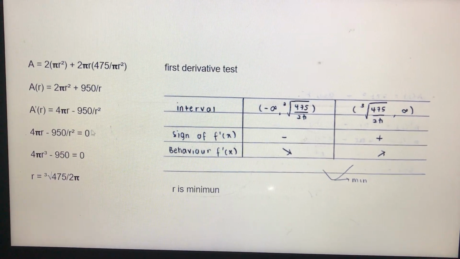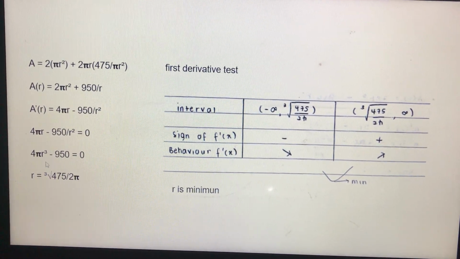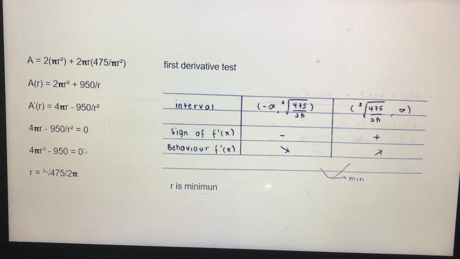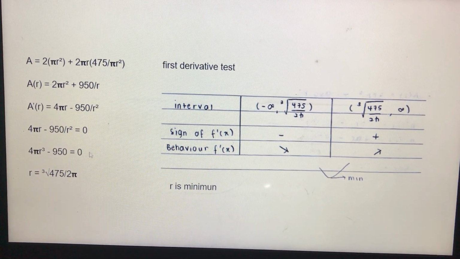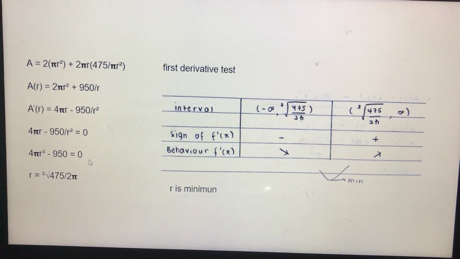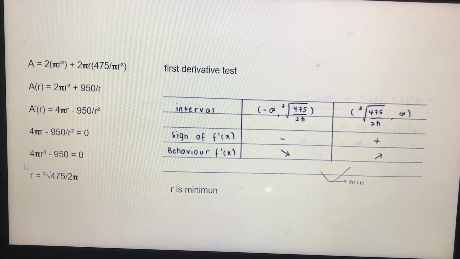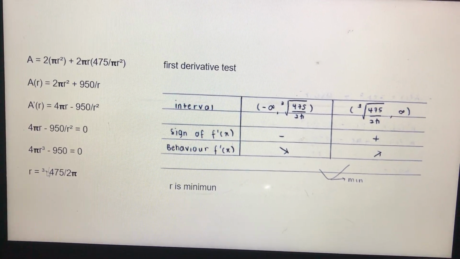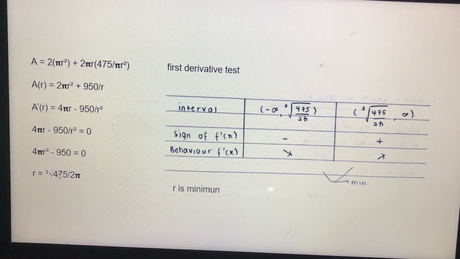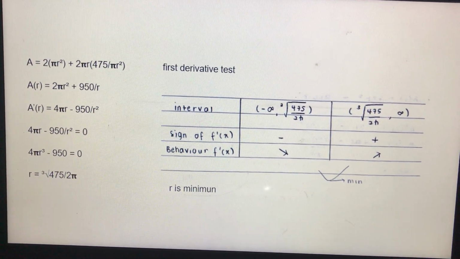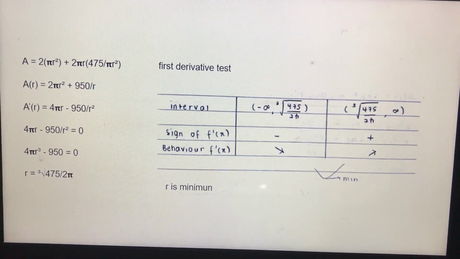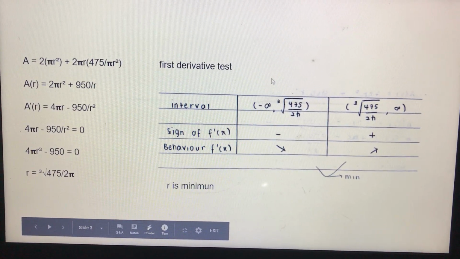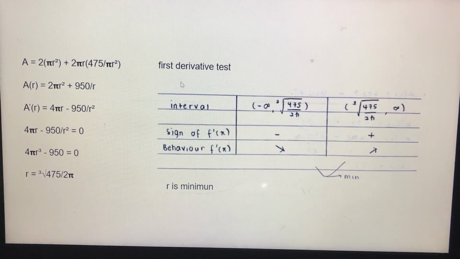After that, to find the critical point, we have to set the derivative equal to 0. So we get r, or the critical point, is the cube root of 475 over 2 pi. And after that, to know whether this critical point is a maximum or minimum, we have to test it by the first derivative test.